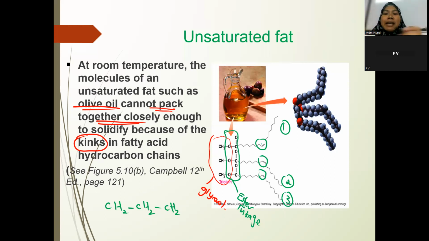Whenever you see kink like this, apa ni? Bengkok, sini bengkok. Meaning there is carbon to carbon double bond. So this one is carbon to carbon double bond which form kink. Okay. Boleh? Faham? Any question? Tak ada.